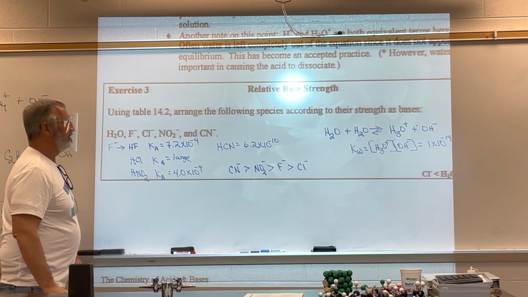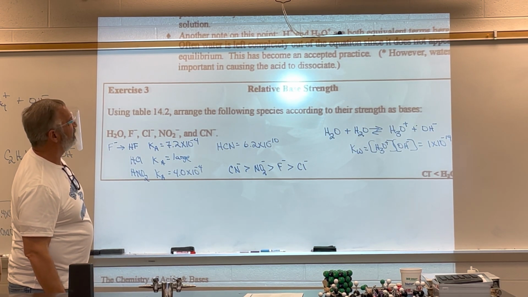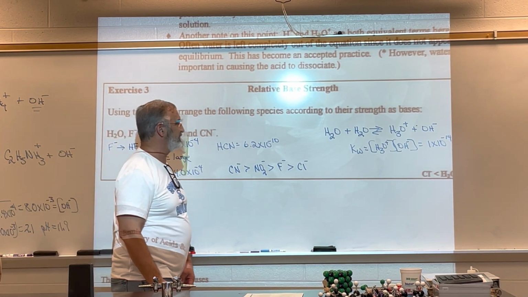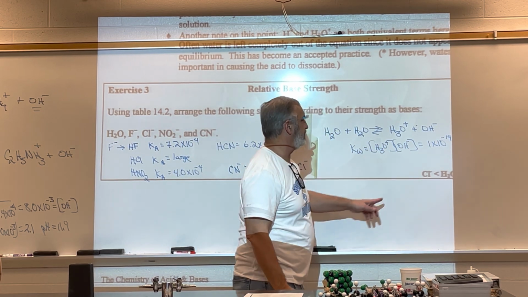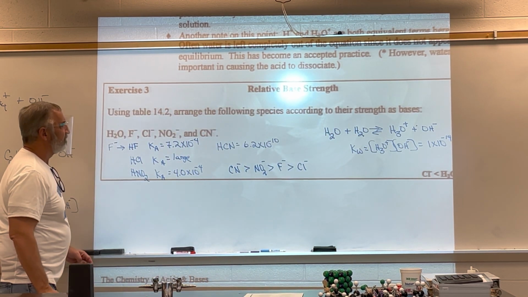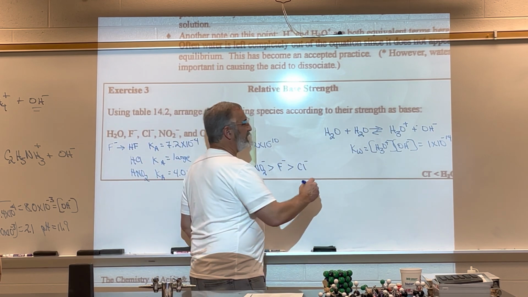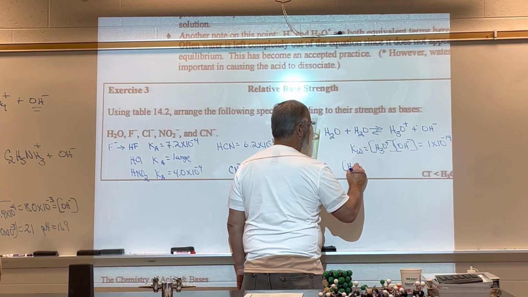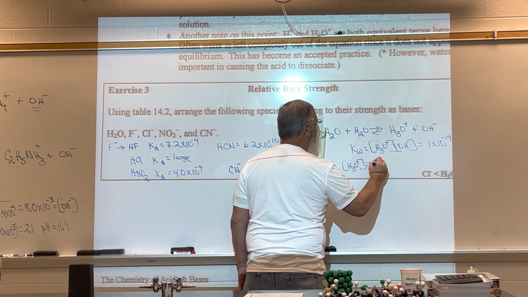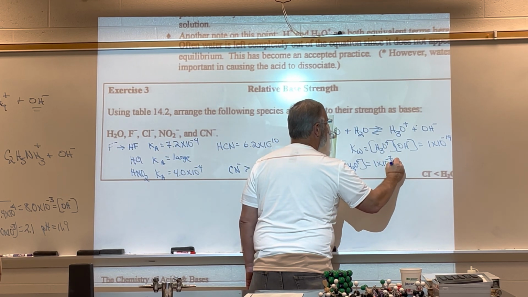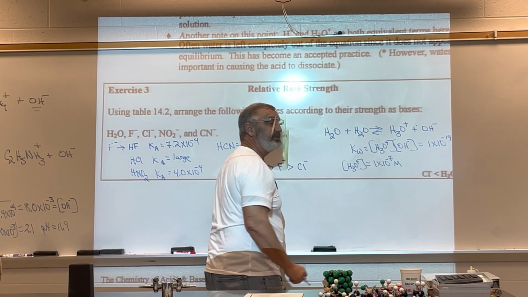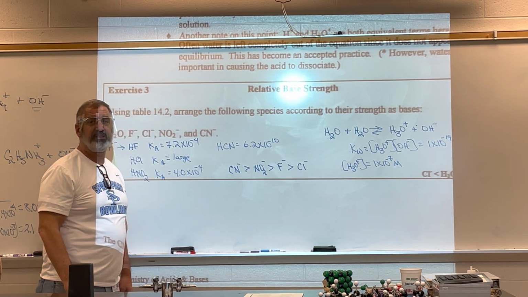So, what did they say? According to their strength, they're doing this the opposite way of which I'm doing it, but the H3O plus concentration here is equal to 1 times 10 to the minus 7. OH minus is equal to 1 times 10 to the minus 7.